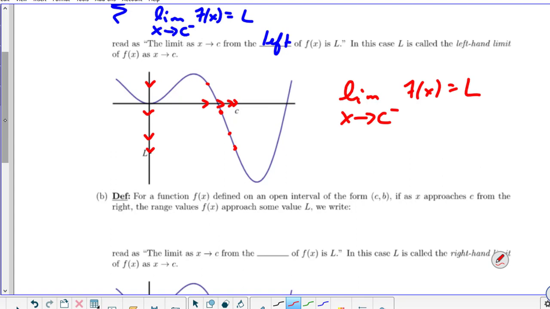This says the limit as x approaches c from the left of f of x is L. In these problems, I think it's very important to always be thinking of domain and range. As the domain values get closer to c, but specifically coming from the left of c, the y values get closer to L. All right.